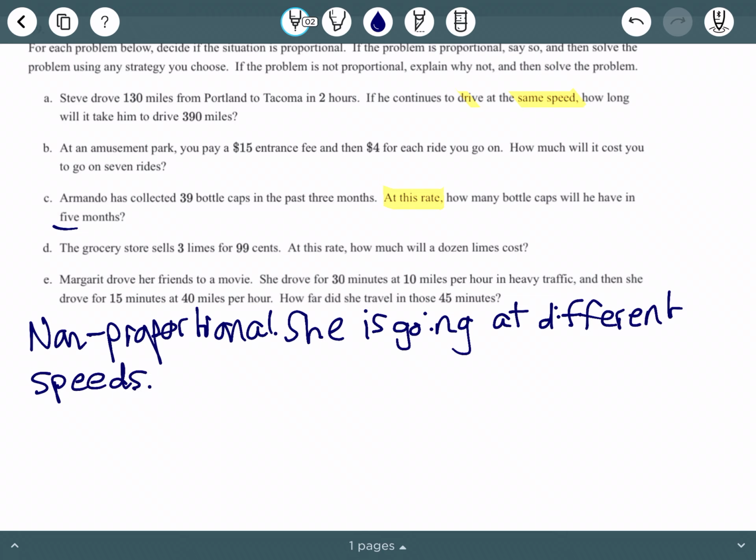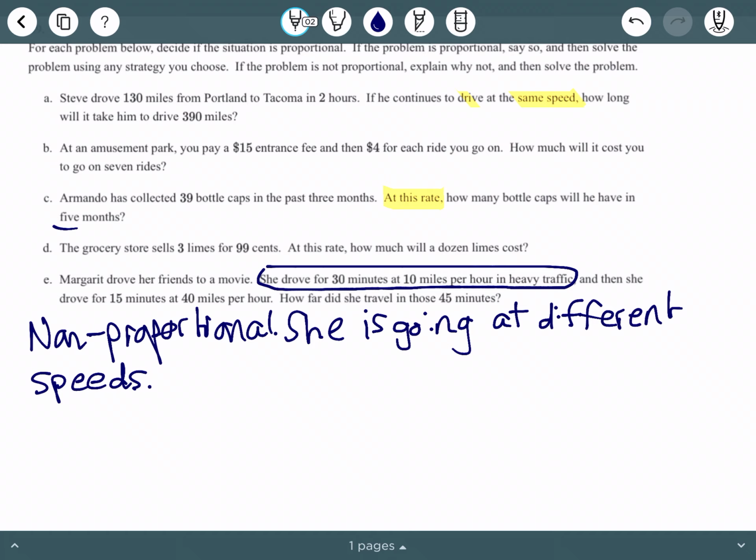All right, so we know that she drove for 30 minutes at 10 miles per hour in heavy traffic. So she also drove for 15 minutes at 40 miles per hour. So what we're going to do to find this out is figure out the first part. How far did she drive in that 30 minutes?